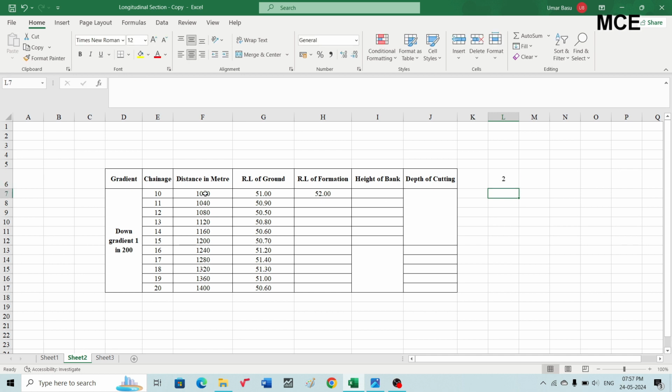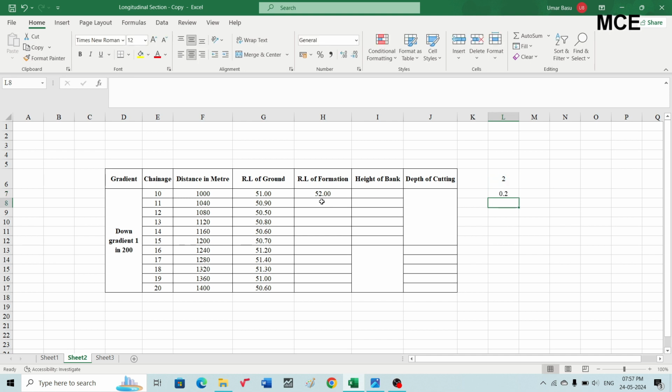The corresponding distance interval from chainage 10 to 11, chainage 11 to 12, and so on till chainage 20, will be 10 meter. So the difference of height between the corresponding RLs will be 2 divided by 10, which is 0.2 meter.